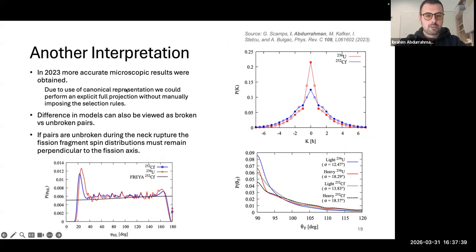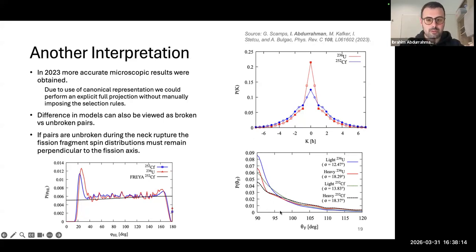And what's the relationship with pairing? The relationship is basically you can view this as a measure of whether pairs are broken when your nucleus splits into two fragments or not. So if you predict pairs are unbroken, then it's true your fission fragment angular momentum vectors will always be perpendicular to the fission axis.